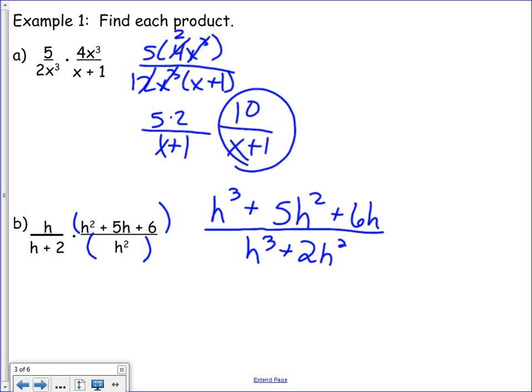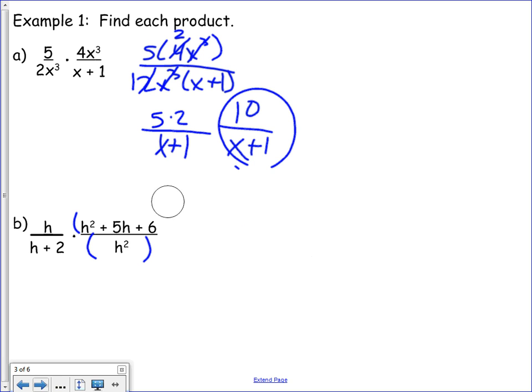Now, what we could have done right away is factor out the h from h squared plus 5h plus 6. That would have probably been the quickest way to do it, because here we would just divide everything by h. So let me go back and do that, sorry.